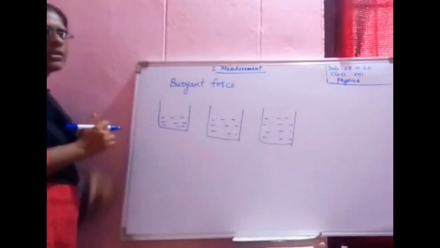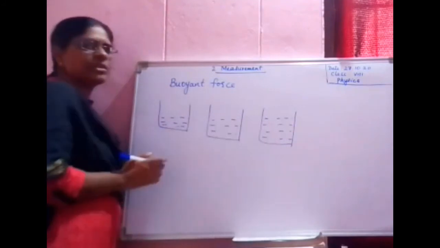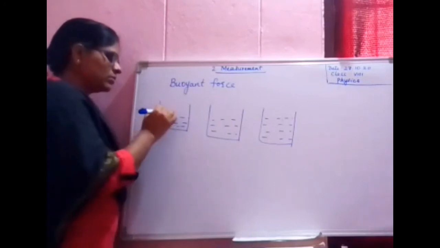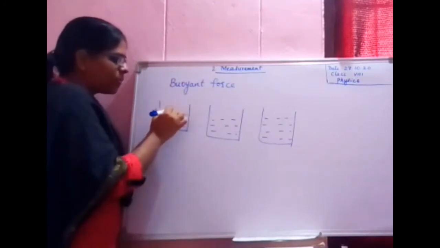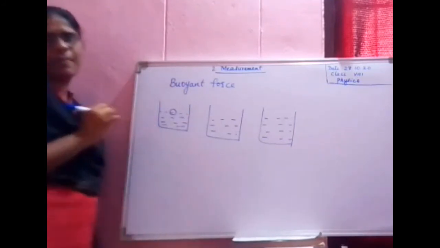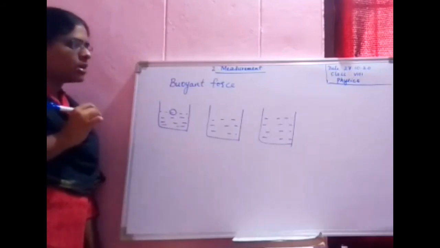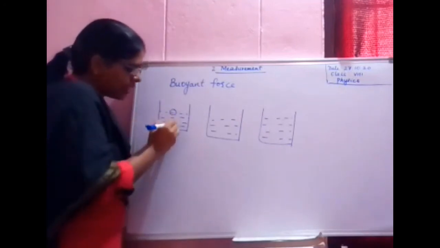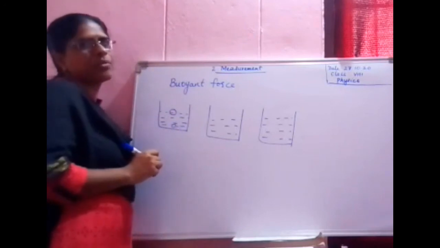Three beakers I have taken and filled with water. Now I have dropped a stone. Then what happens to my stone? It will sink. That means it will reach the bottom.